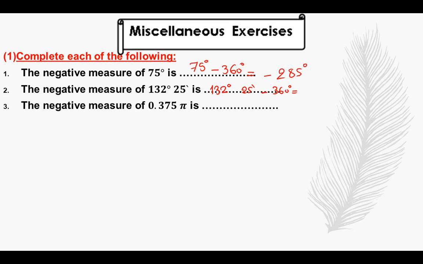By using your calculator, 132 degrees and 25 minutes minus 360 equals negative 227 degrees and 35 minutes. Okay.